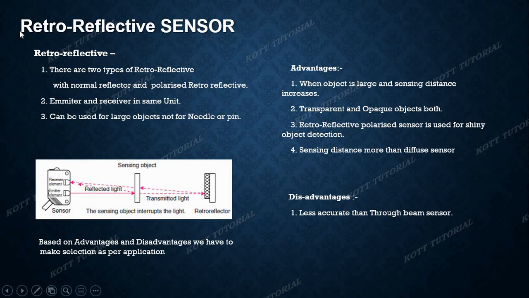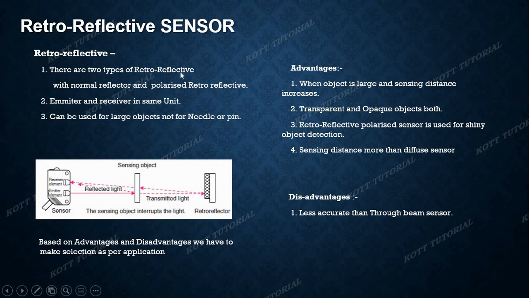Now here comes the retroreflective sensor. When we say retroreflective sensor, two parts are there in a single package: a sensor and a reflector. A reflector is a mirror-like object. If any product is coming in between the sensor and the reflector, the sensor will detect the product.